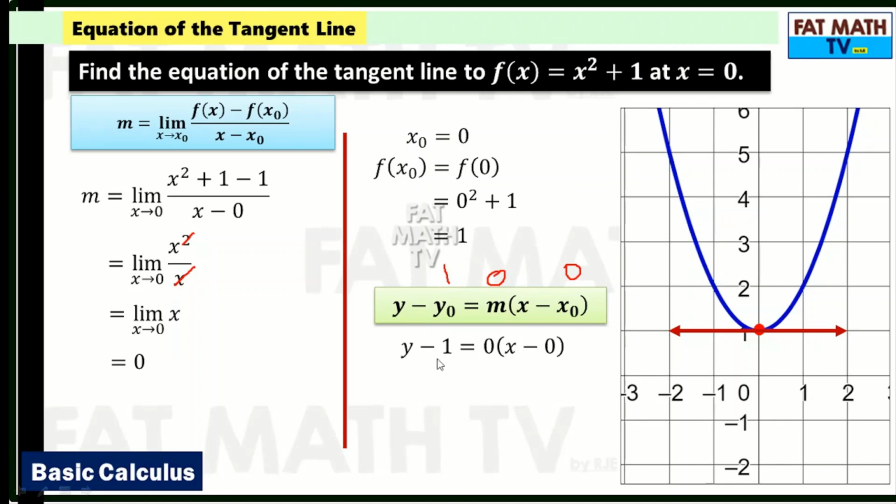So you will have y minus 1, and then 0 times x minus 0 is 0. And then transfer 1 to the other side, it's going to be positive 1, so y equals 1. As what you can see here, it's indeed a horizontal line, okay? Slope is 0. So y equals 1. So this is the equation of the line that is tangent to x squared plus 1 at x equals 0.